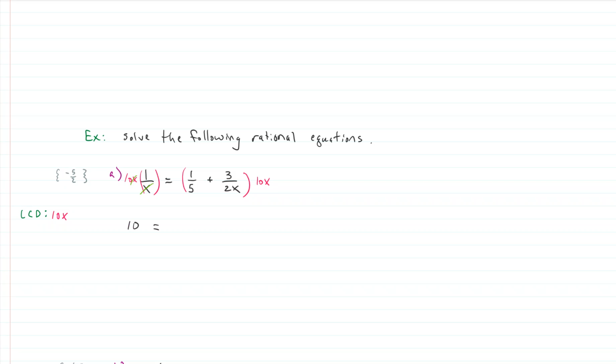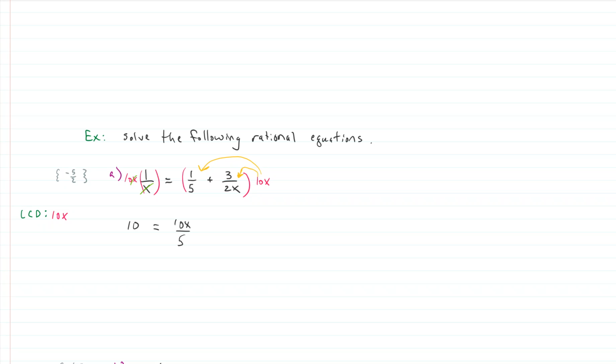On the right side, when we are multiplying through, we get 10x over 5. Let me try that one more time. And then we get 10x times 3 over 2x.